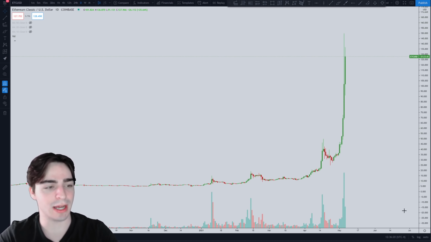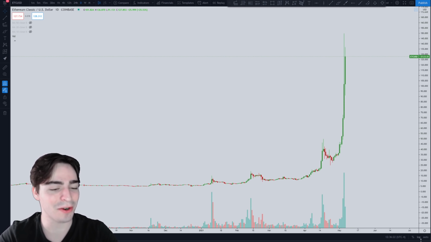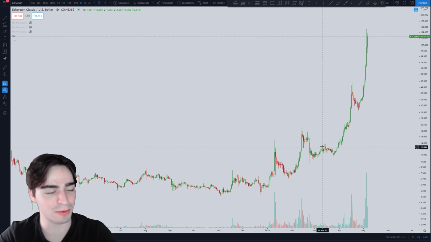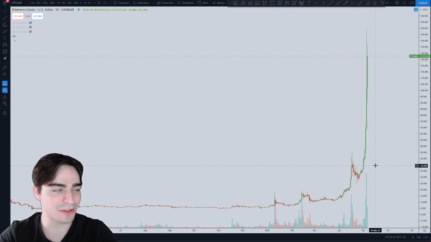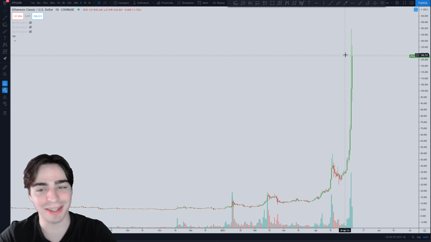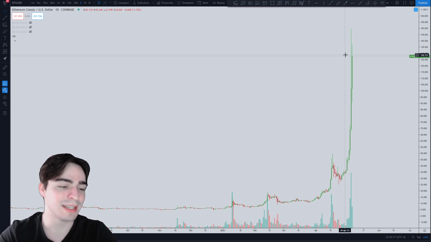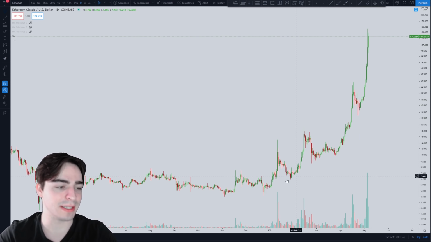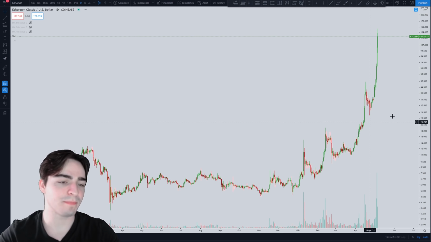So we're going to go to the logarithmic scale, because that puts everything into proportionate sizes, right? It makes these moves look much more even. Okay, if we do the linear scale, obviously, it looks better, right? It looks like it's going crazy, which it is. But to analyze, I always recommend using logarithmic scale because it makes everything nice and even, right?